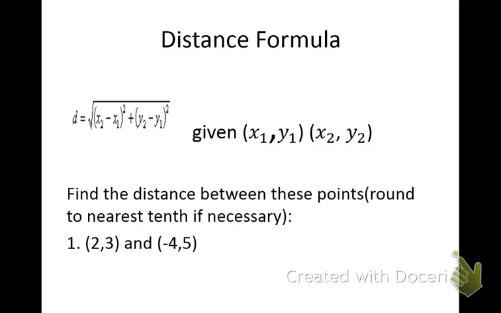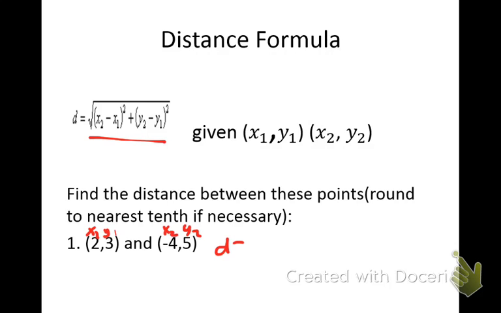If you're given two ordered pairs, x sub 1, y sub 1 and x sub 2, y sub 2, you can find the distance between them by putting them in this, which is a form of the Pythagorean theorem. In other words, d squared equals this, and they've already taken the square root. This would be like x sub 1, y sub 1, and this would be like x sub 2, y sub 2. Technically, it doesn't matter which one's first.